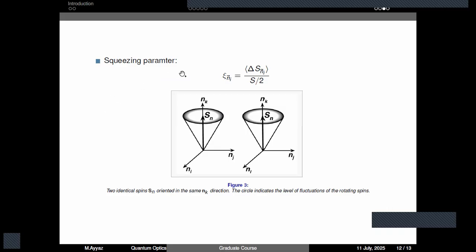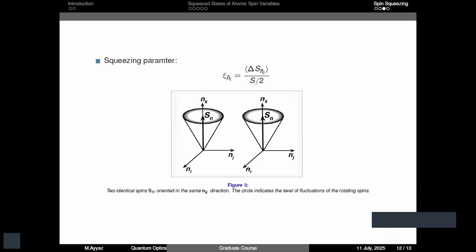In order to define spin squeezing parameter in multi-atom system, we are going to use this expression. Consider we have n number of atoms, and we align the spin of these atoms to one axis.